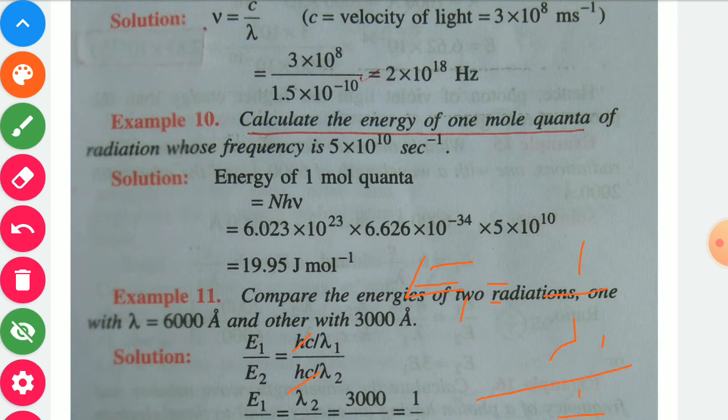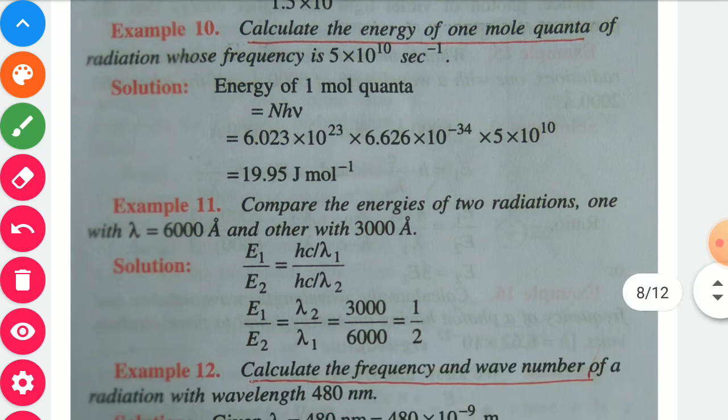So on solving, E1 upon E2 will be lambda 2 upon lambda 1. Lambda 2 value is 3000 angstrom unit and lambda 1 is 6000 angstrom unit. So on solving it will be 1 by 2, that is 0.5.